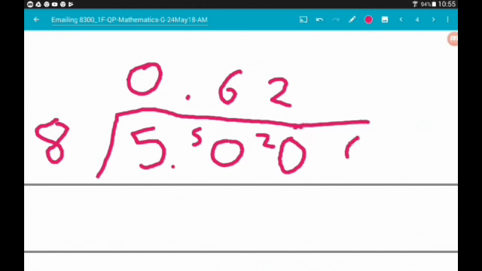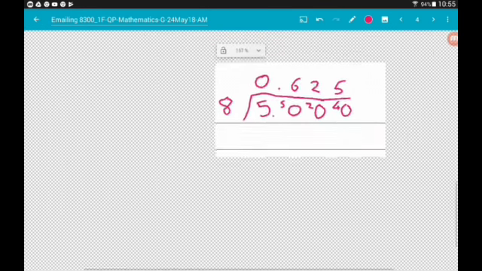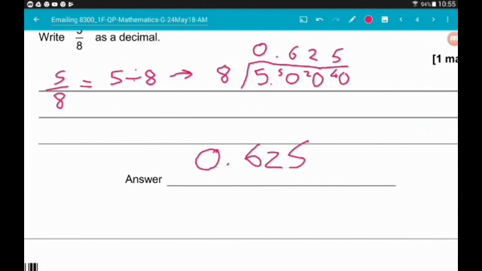So we make another 0, put the 4 on it. 8 into 40 goes 5 times exactly, so our answer is 0.625. So I've got a video on that with far more examples. That will be down below as well.